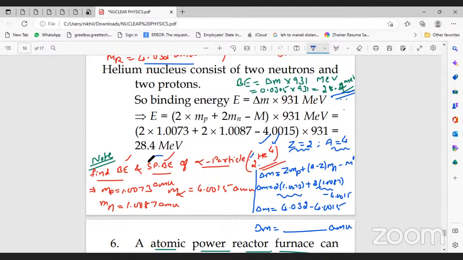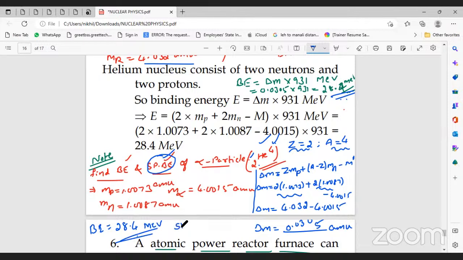Suppose they are asking you to find the specific binding energy. No doubt you will get the mass defect 0.0305. After this, you get the binding energy, 28.4 mega electron volt. For the same problem, they also expect you to find the specific binding energy.